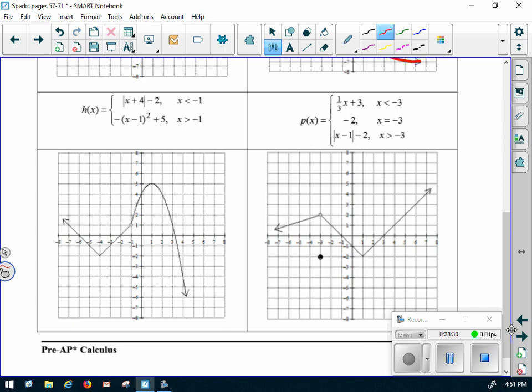Now the next question is, by investigating the constraints of the equation, the first piece will stop just shy of x equal negative 1, and the second piece starts just past x equal negative 1.